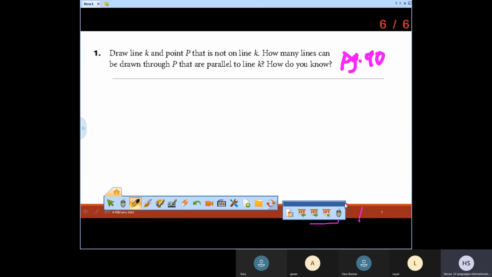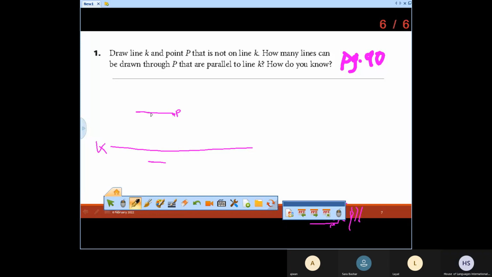How many lines? Only one. Bravo. Yes, one. Exactly. Thank you so much.